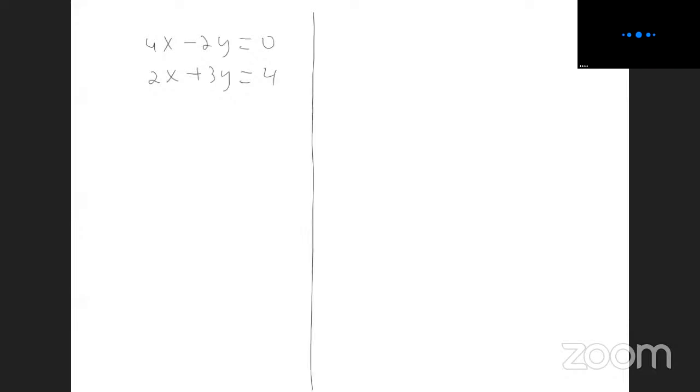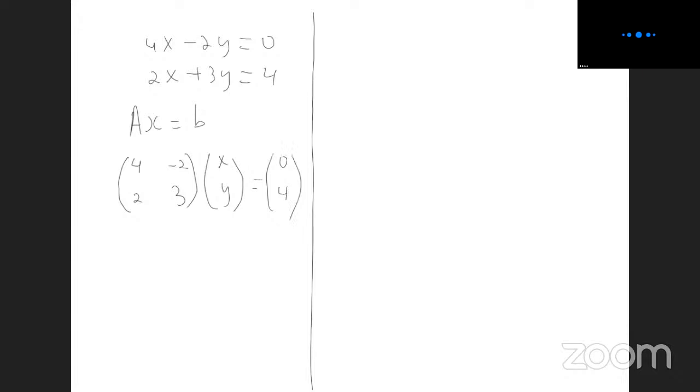So step number 1 is to write it like this: AX is equal to B, and then A is what? 4, minus 2, 2, 3. I'm taking all the values here, right? Multiply by X, Y, which is equal to the answer, 0, 4.